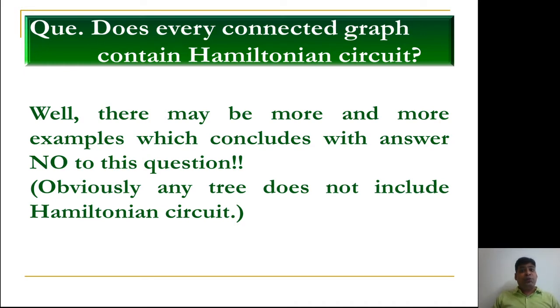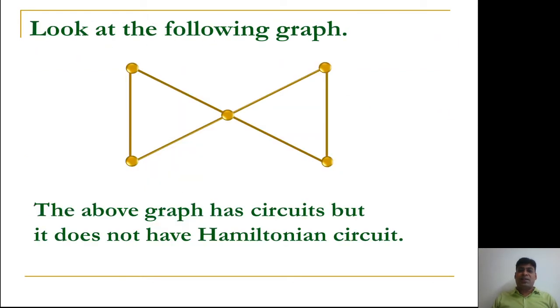Now, if the graph is not a tree, what can you say about the result? If the graph contains a circuit, will it always contain a Hamiltonian circuit? Again, the answer is no. Look at this example. This graph has 5 vertices and 6 edges.